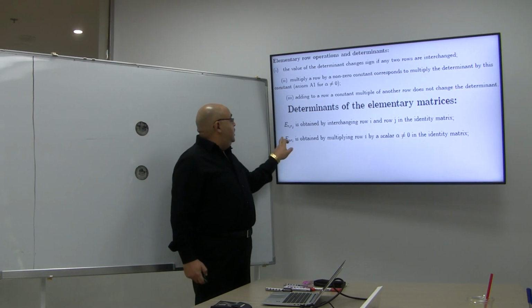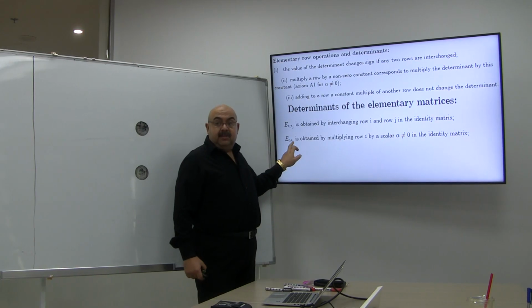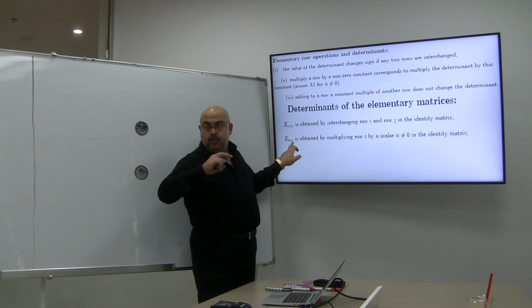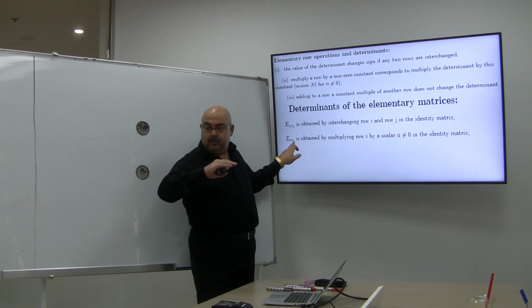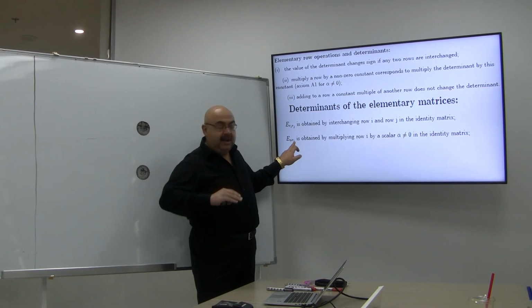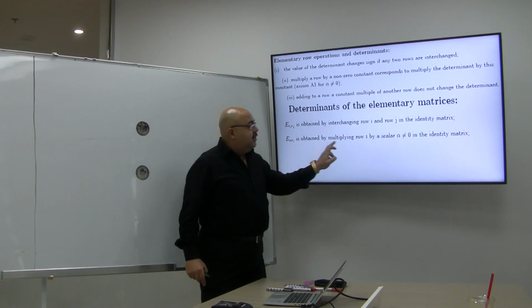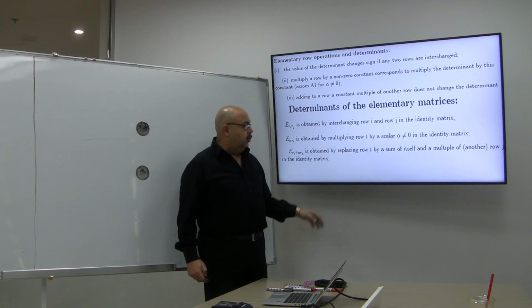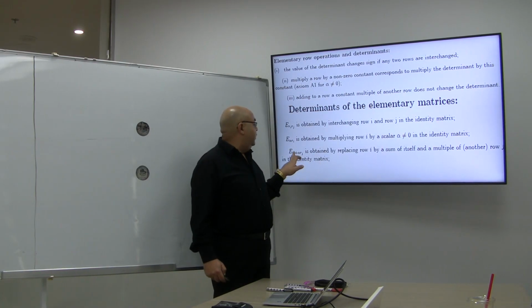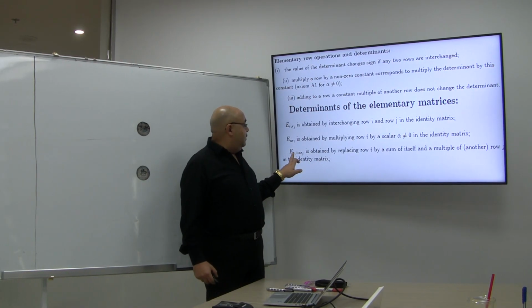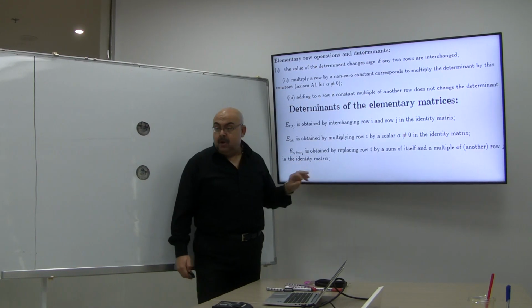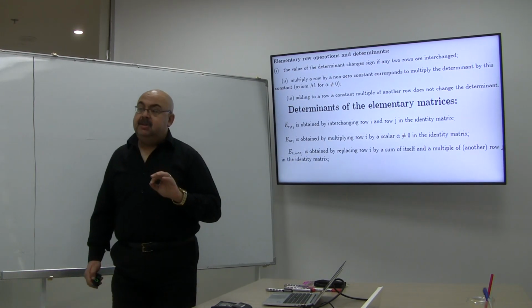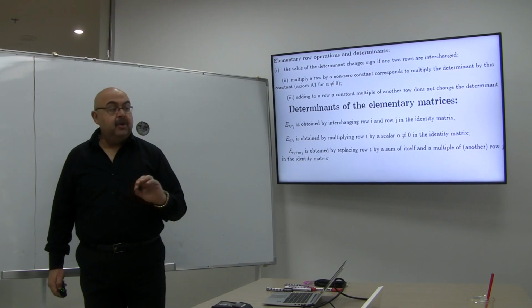E alpha Ri means you will multiply the Ri row, the row whose order is i, so the second row is R2, and R1, R2, R3, and so on. If you multiply by alpha, the value of the determinant will equal this value of alpha. If you add a multiple of another row to any row, it's not going to change the value of the determinant of the elementary matrix.